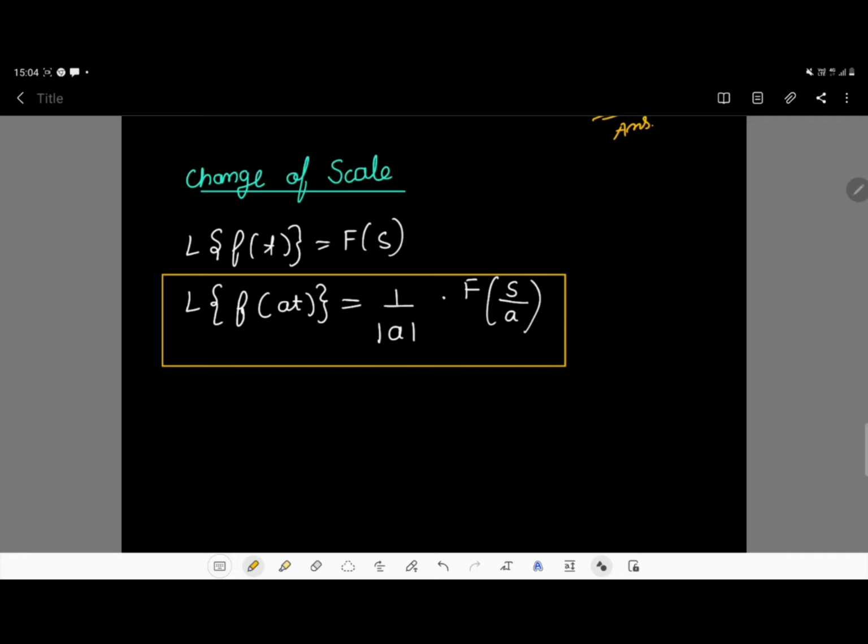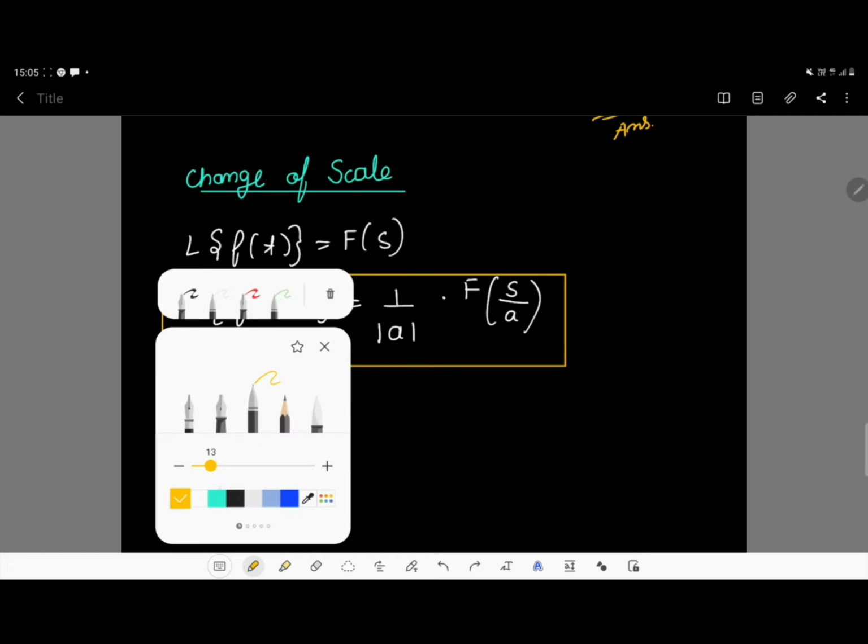So actually we are multiplying this particular t with any constant a, right? So then this constant will come out in denominator, in the form of mod, and it will be F function of s by a, right? So one question I will tell you, this thing will become crystal clear in your mind after this.